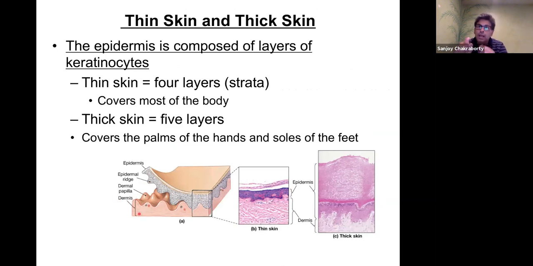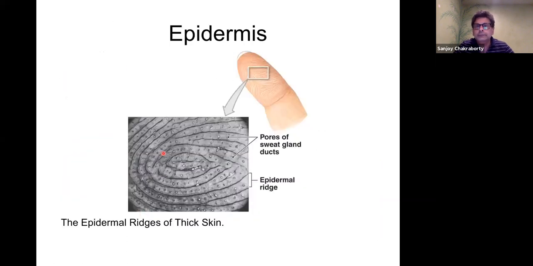These ups and downs are genetically controlled, so your ups and downs and mine are not the same. They show up in the palms and the soles, increasing the grip of the hands. That's how evolution took place. But as I said, those ups and downs are genetically controlled. That's why fingerprints can be used for identification, because your genetically controlled pattern is different from other people's.